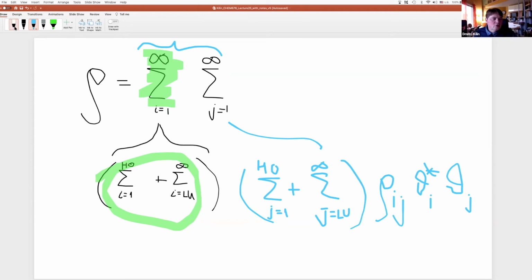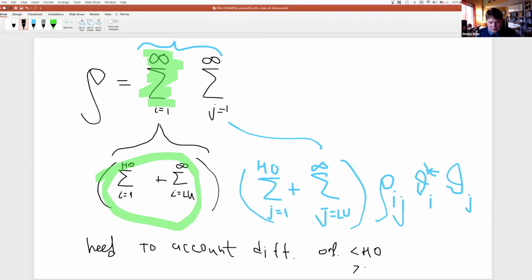So, what if I need to account differently for the contributions of orbitals below HOMO and above HOMO, or equal to or above LUMO, on one hand.